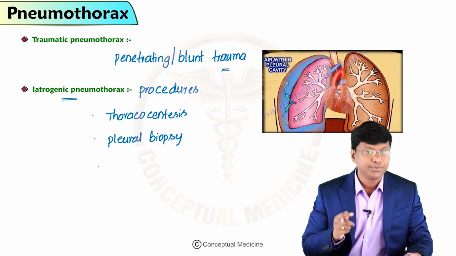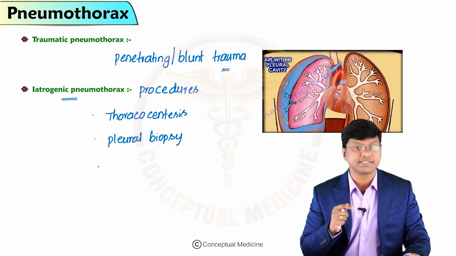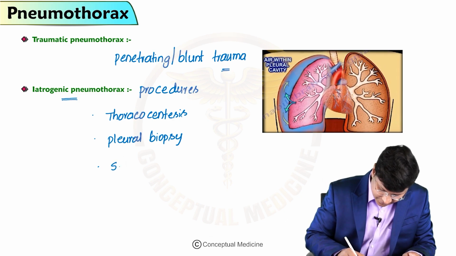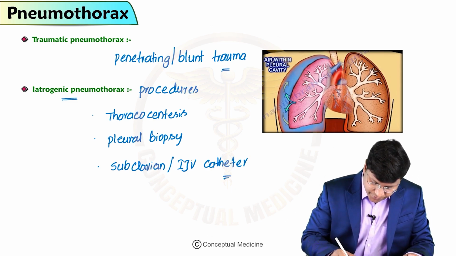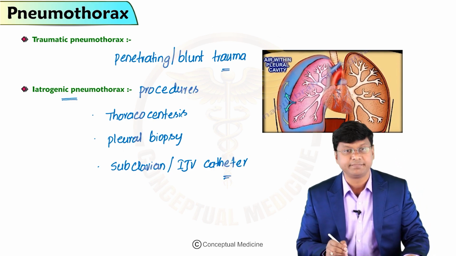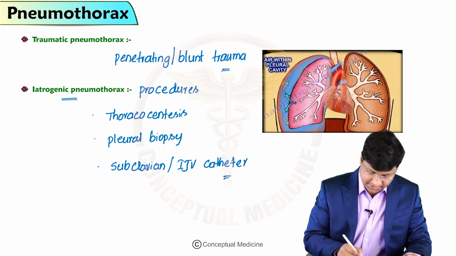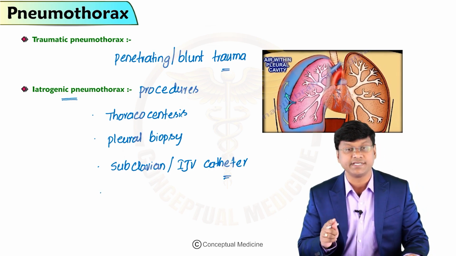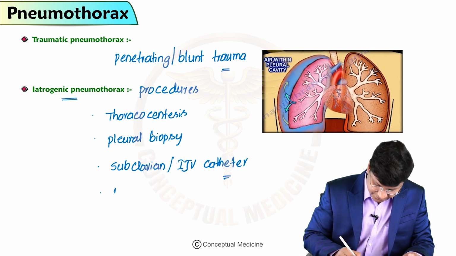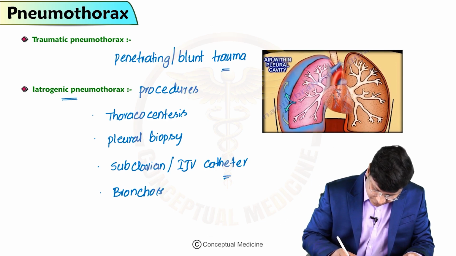Then, during the placement of a central venous catheter, that is a subclavian or internal jugular venous catheter placement, there can be development of iatrogenic pneumothorax. Another important procedure is bronchoscopy.